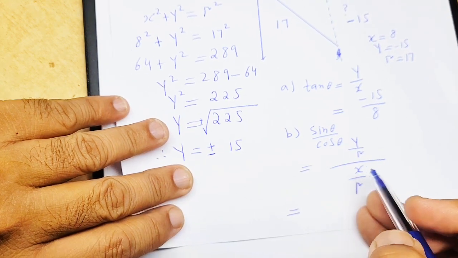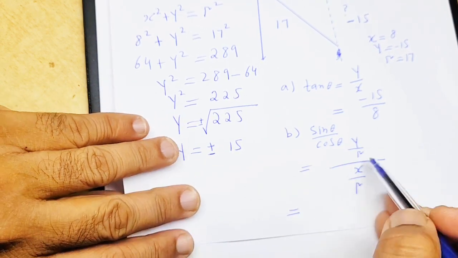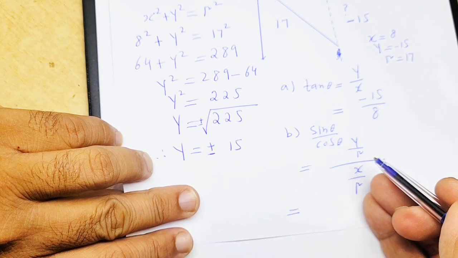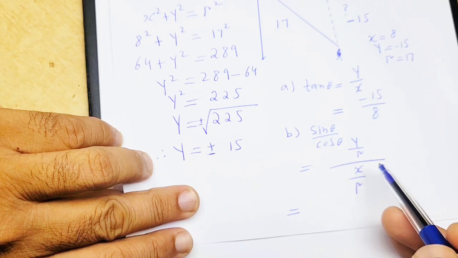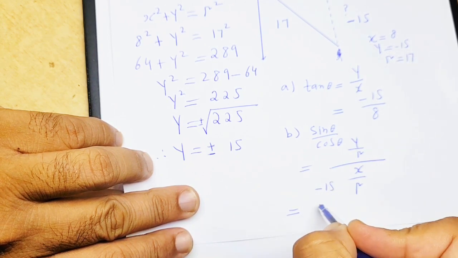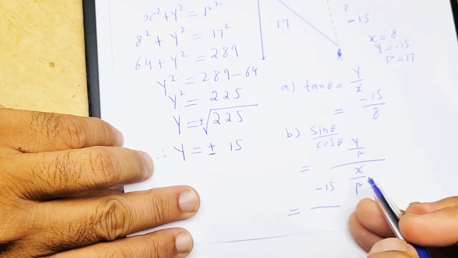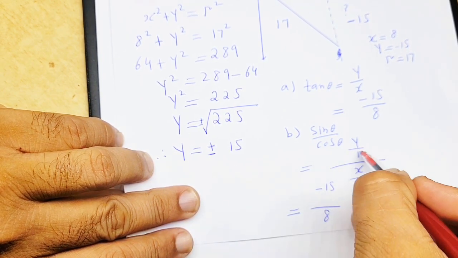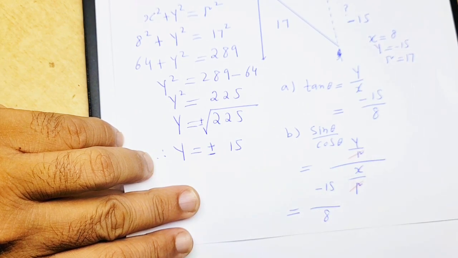Now r and r are going to cancel, or you can simplify also if you want to. The answer is exactly going to come the same. In this case, we have the y value negative 15 and the x value 8. Exactly the same answer, because this r and this r cancel out.